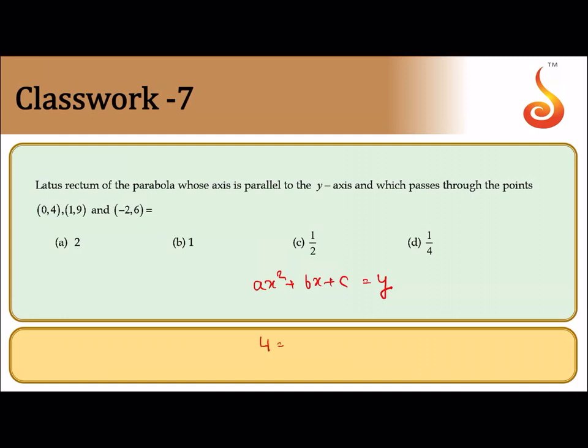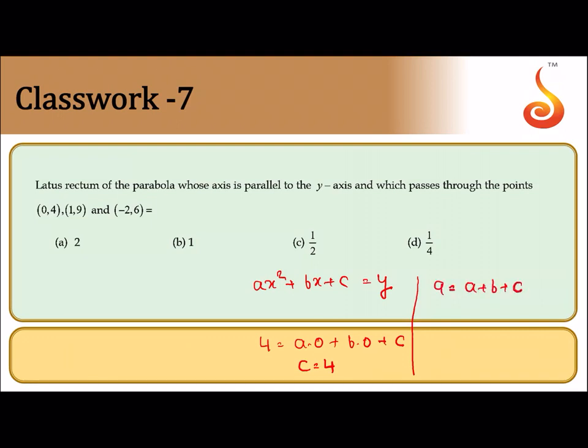Substituting the values, the first equation gives 4 is equal to a into 0 plus b into 0 plus c. So from this we get c is equal to 4.